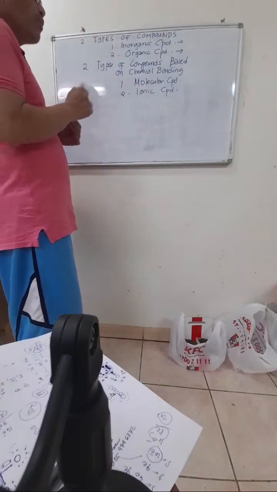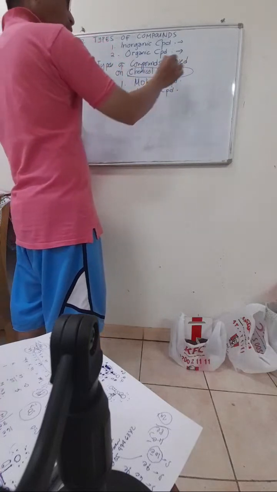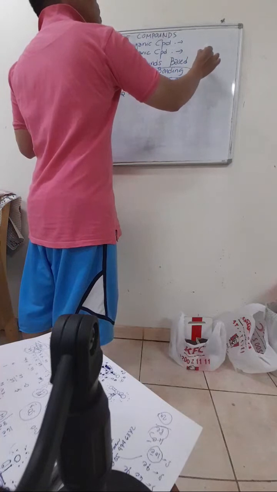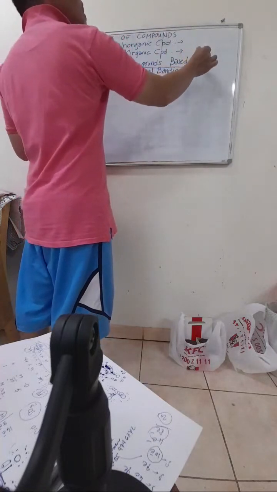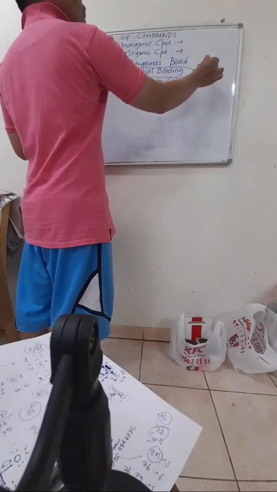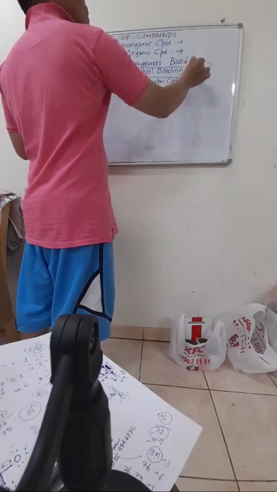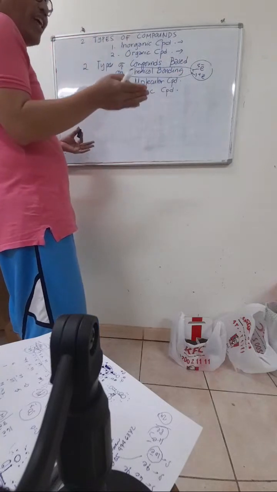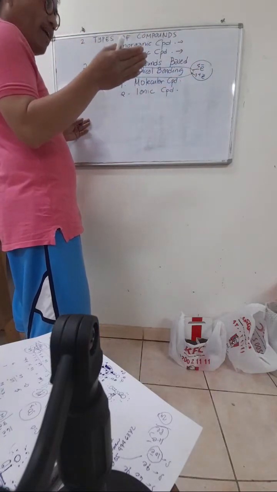Since we're dealing with chemical bonding, we need to discuss the sharing of electrons and the transfer of electrons. I will just put SE and TE: SE means sharing of electrons, TE means transferring of electrons. When you do this, you can easily identify if the compound is molecular or ionic.